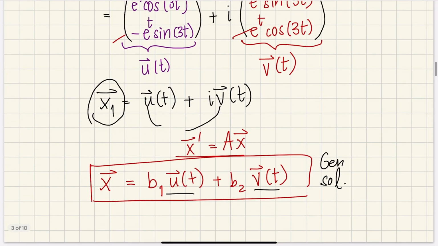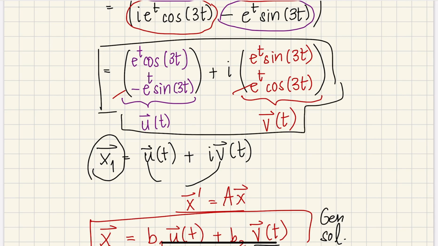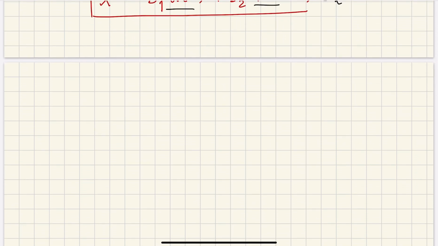So our final solution to the problem we were actually working with right here becomes x is equal to b1. I'm going to take e to the power t out of everything.